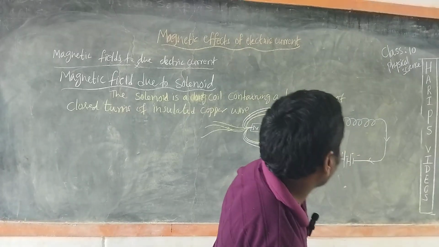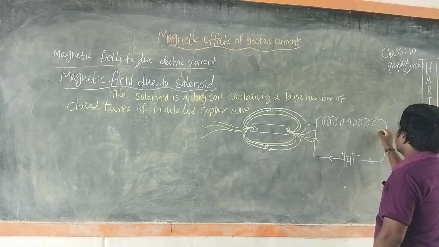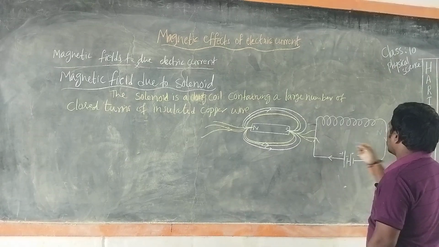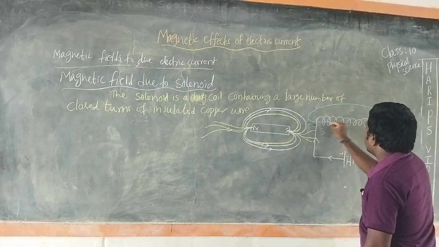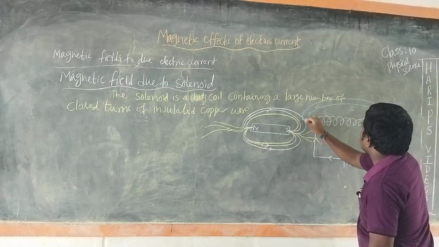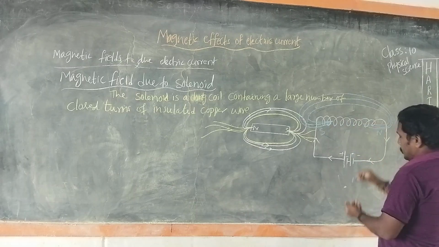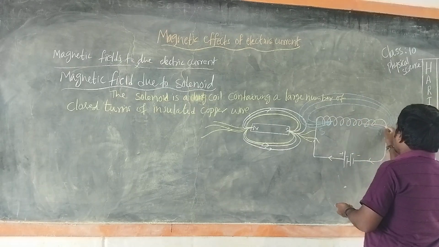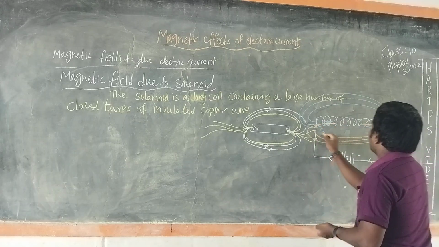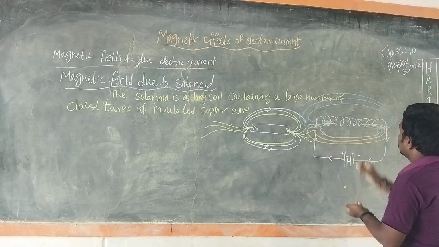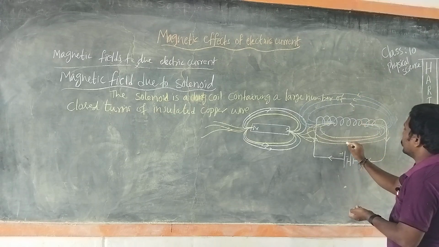So the magnetic field formed around the solenoid has a north pole and south pole. The magnetic field is formed like this. So this is the magnetic field formed by a solenoid.